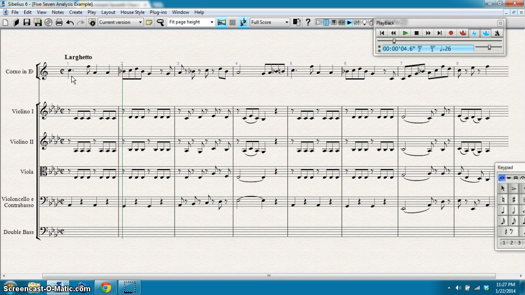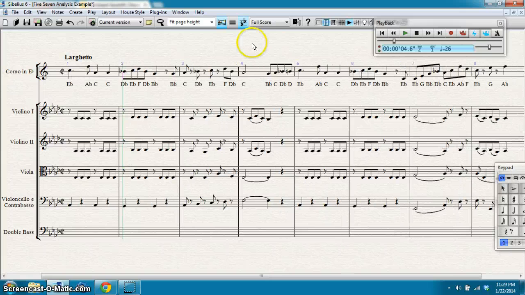So what I would do from here is sit down and actually write in the note names if this is going to cause you trouble. I'm going to pause and write in all the letter names for all of the notes for the horn part from here to the end, to help us as we try to figure out the harmonies. So there we go, we've figured out the pitches for our music.